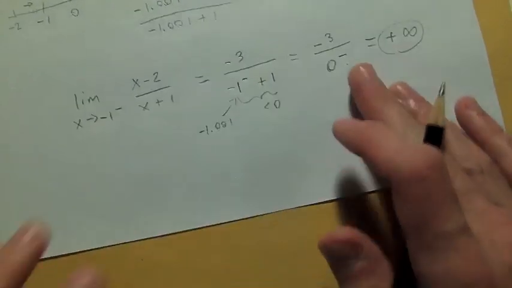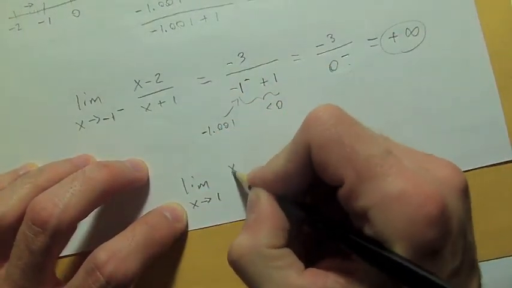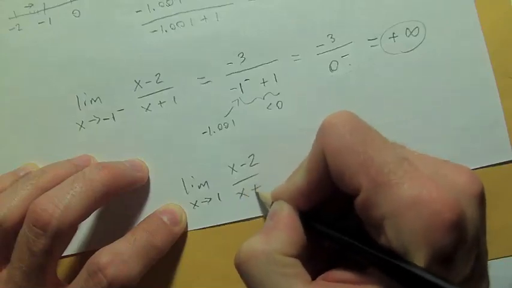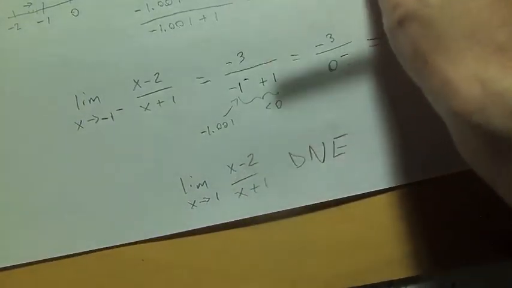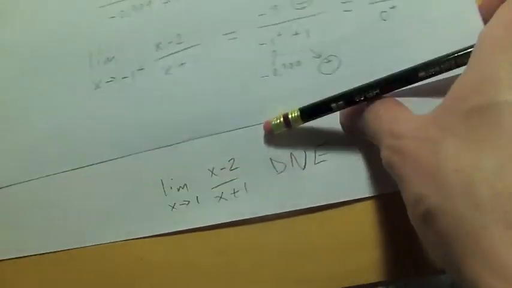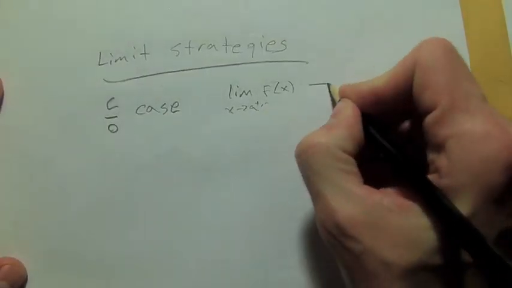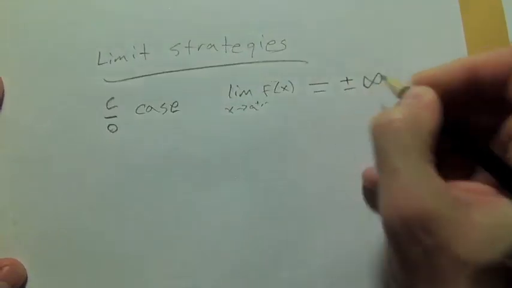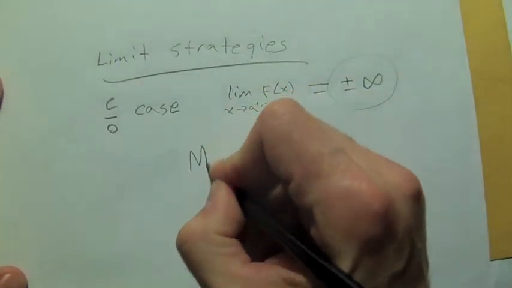So the two-sided limit as x goes to -1 of x minus 2 over x plus 1 does not exist. Right, so if you are asked for a two-sided limit, you actually have to check both sides. In this case, we know that it's a plus or minus infinity, but you have to check.